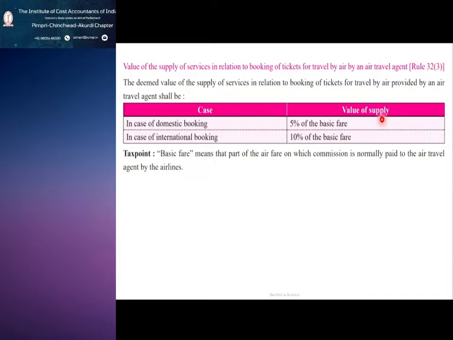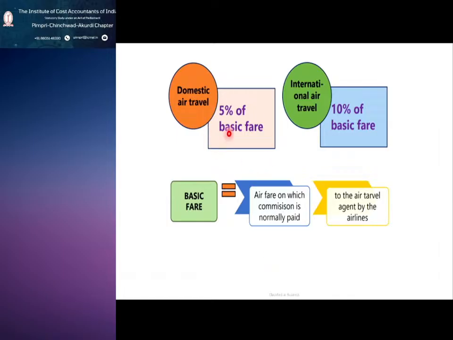What is the value of supply? 5% of basic fare, 10% of basic fare. So what does basic fare mean? Part of the airfare on which commission is normally paid to the travel agent by the airlines. When you see the problem, you will know what the basic airfare is. But for now, you see that it is a commission normally paid to the travel agent by the airlines. So it is the same.